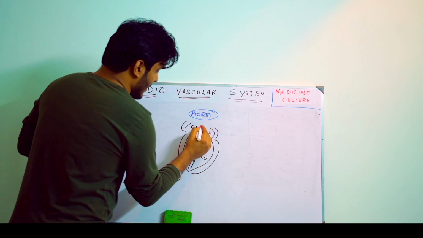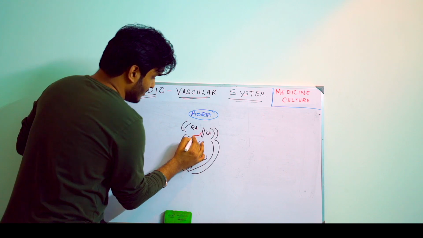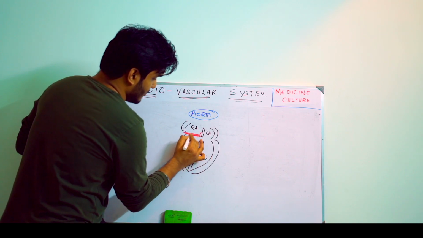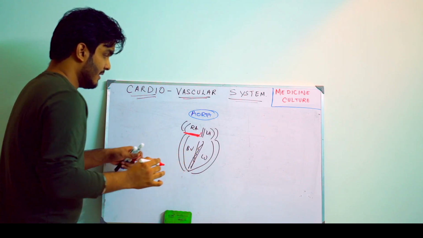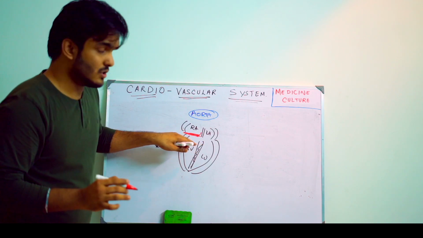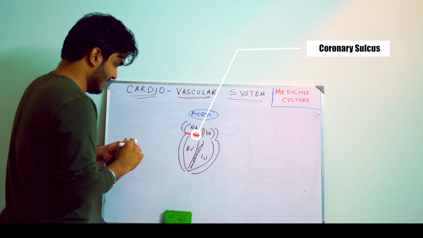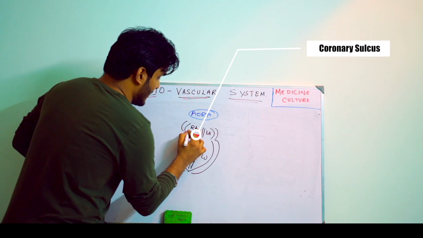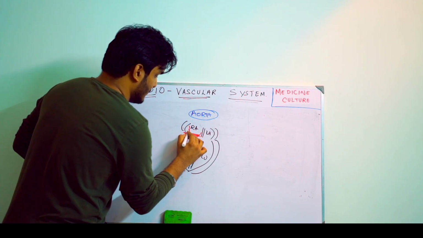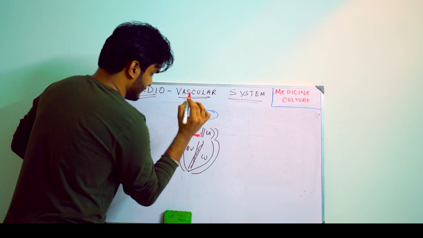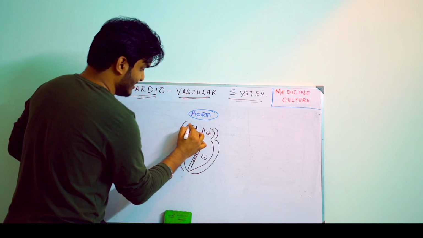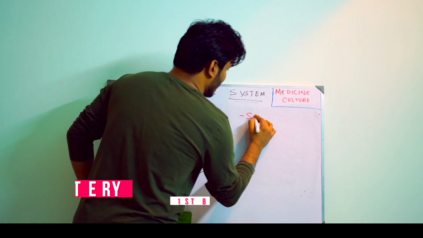From the aorta, the right coronary artery runs along this portion, which is called the coronary sulcus. It runs along the coronary sulcus and gives its first branch here, the SA nodal artery.